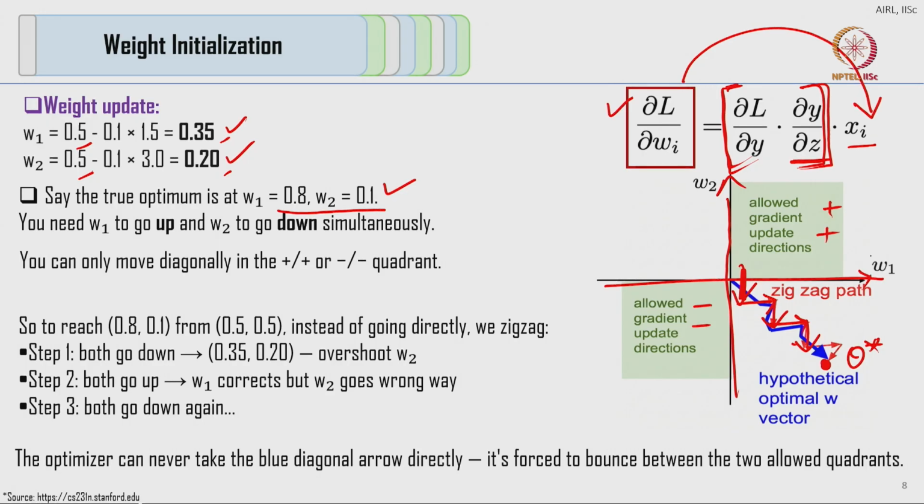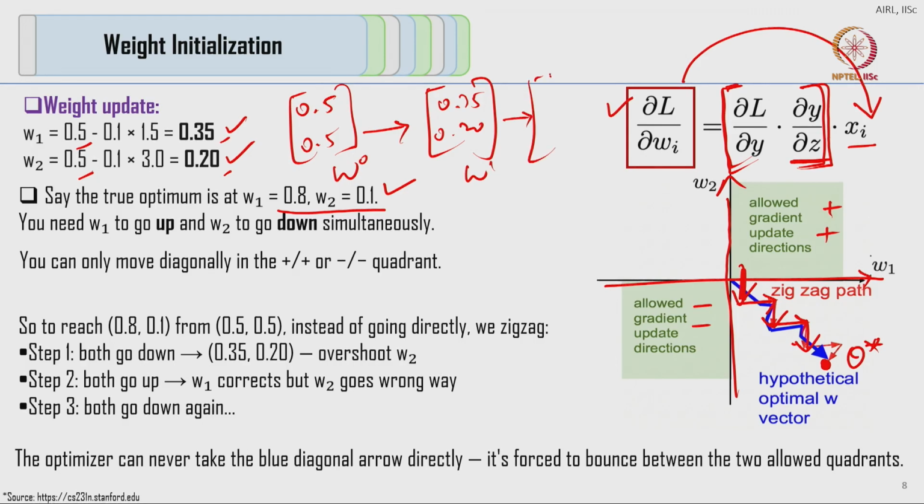In this scenario, I started from 0.5, which is W0, and the update then was 0.35, 0.20, which is W1. I want to move towards the optimal, so in this setting W1 should go up and W2 should go down, and this should happen simultaneously, right? Because I want to move to an optimal.